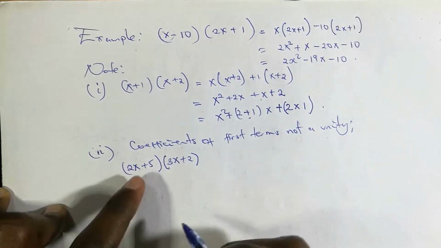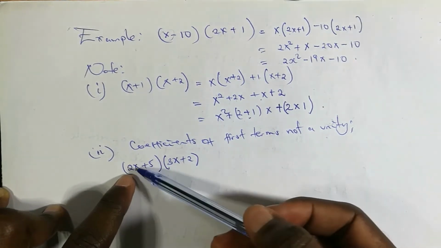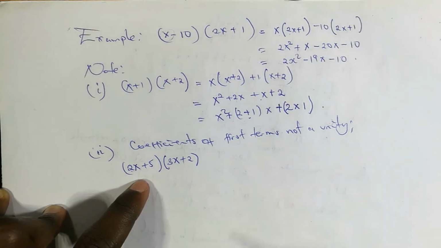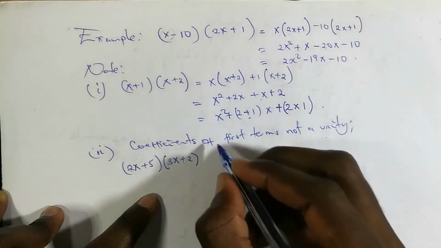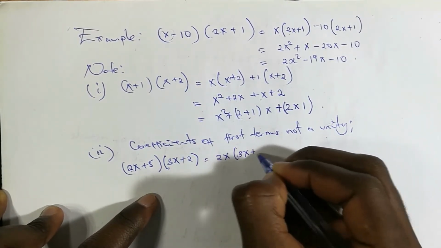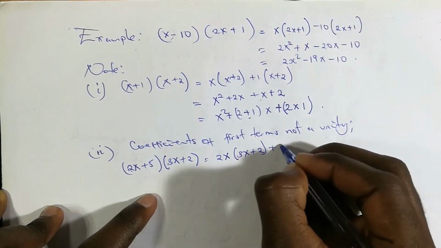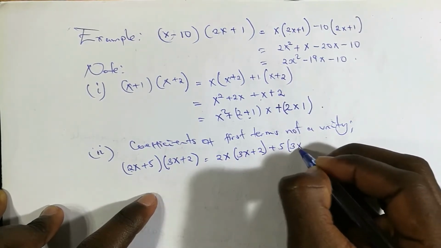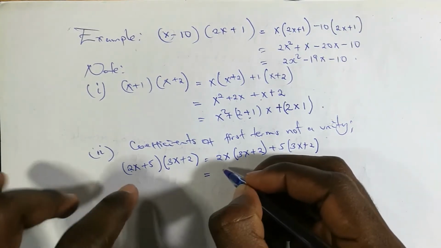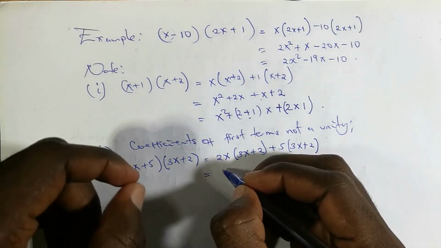If you see here, we have coefficients of first terms here and here. They are different. And so we will say that we have here 2x plus 5 into 3x plus 2, according to what we derived before. We're going to have each one multiplying.